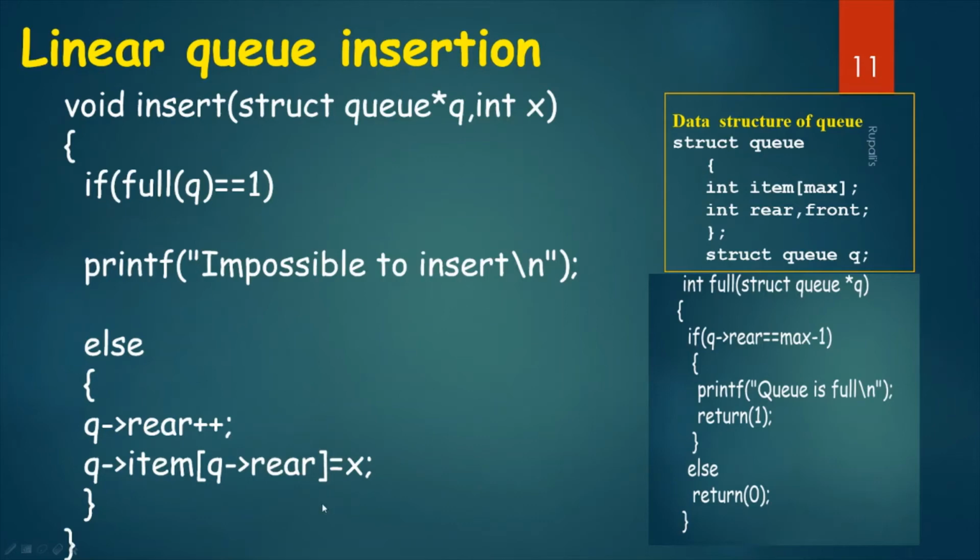For the second element insertion, again you have to call this insert function. Now don't forget to write this q arrow, because rear and item are elements of this structure q. First you have to increase the rear, then insert the element pointed by rear.